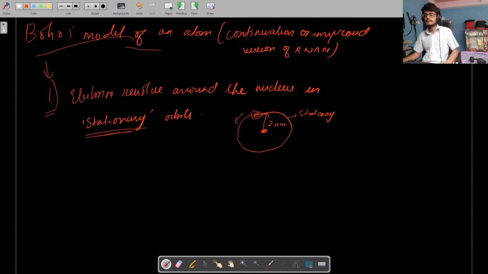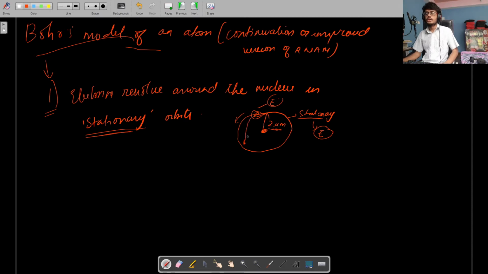Why is it called stationary? Because it does not cause the loss of energy in the electron. So the electron will not lose any energy, which basically means the electron will sustain its path. It'll keep on revolving at this distance every time, remaining stationary throughout. So it'll not lose energy and fall back down.